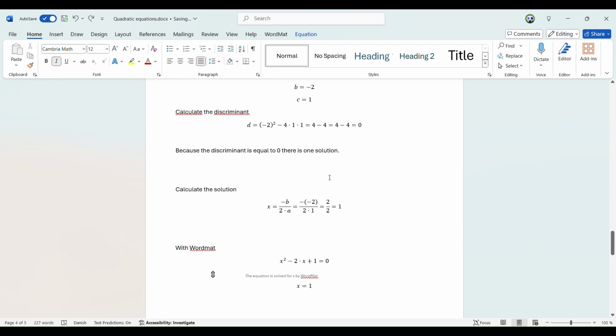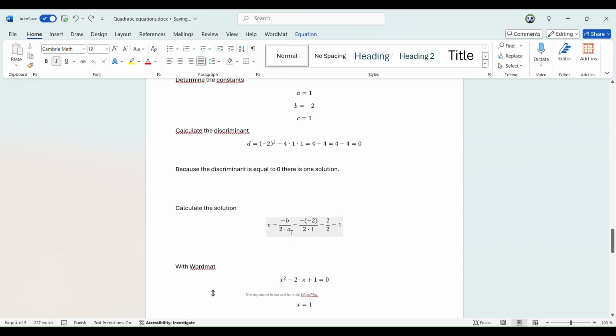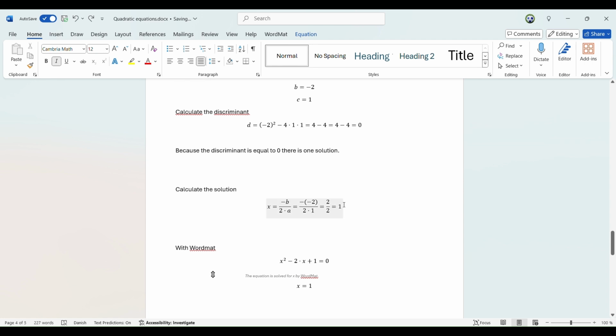And we just put in the numbers, so minus b over 2 times a. b was minus 2, we put it in brackets, and our value for a was 1. So we've got minus (-2), which equals a plus sign, so plus 2 over 2, and that's a 1. So our one solution, or one root, is equal to 1.